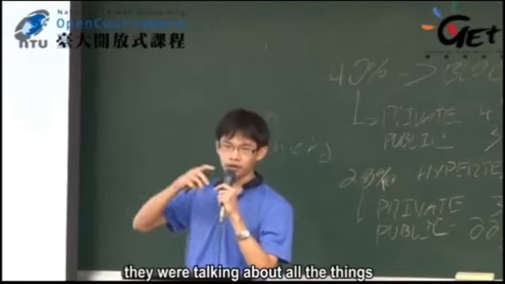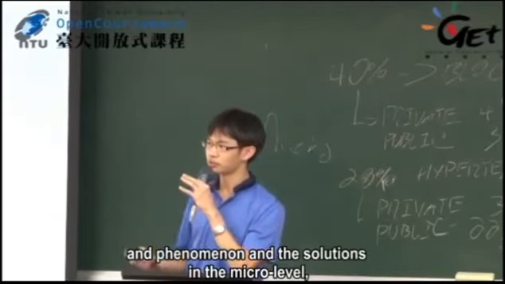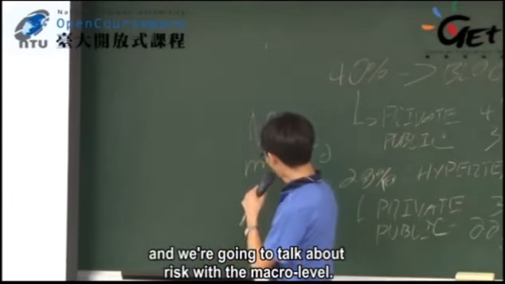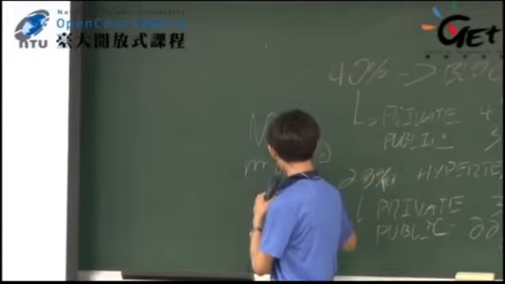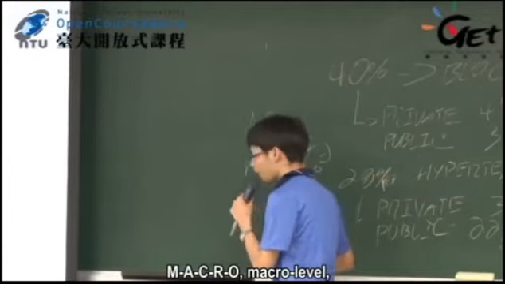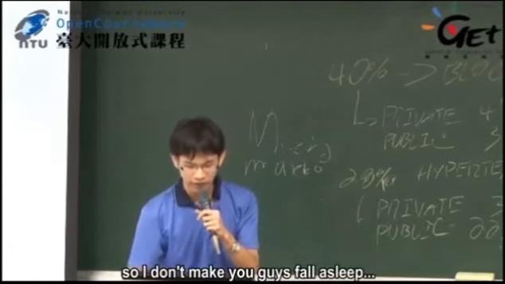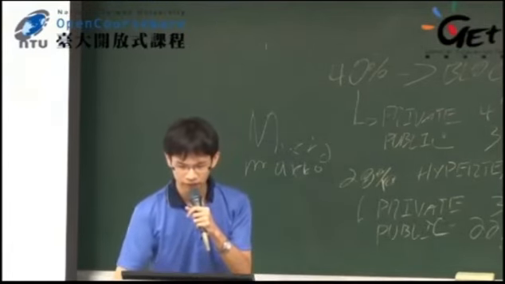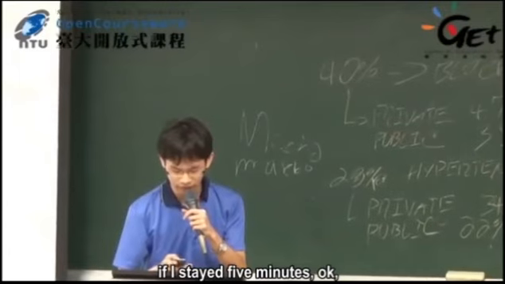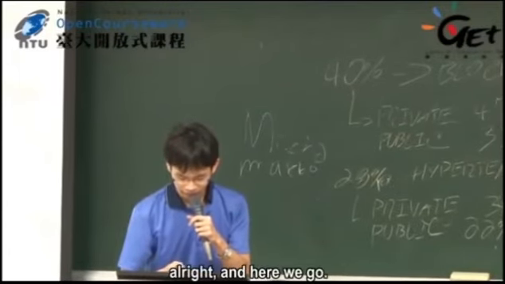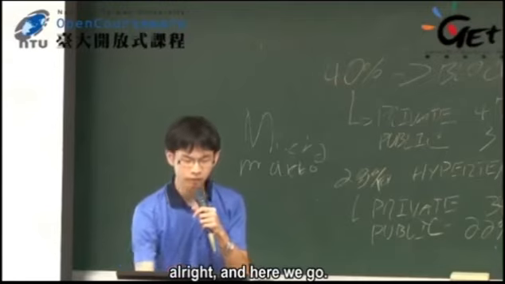They were talking about all things, phenomena and solutions on the micro level, and we're going to talk about this on the macro level. I'm going to time myself so I don't make you fall asleep if I exceed 5 minutes. All right, here we go.